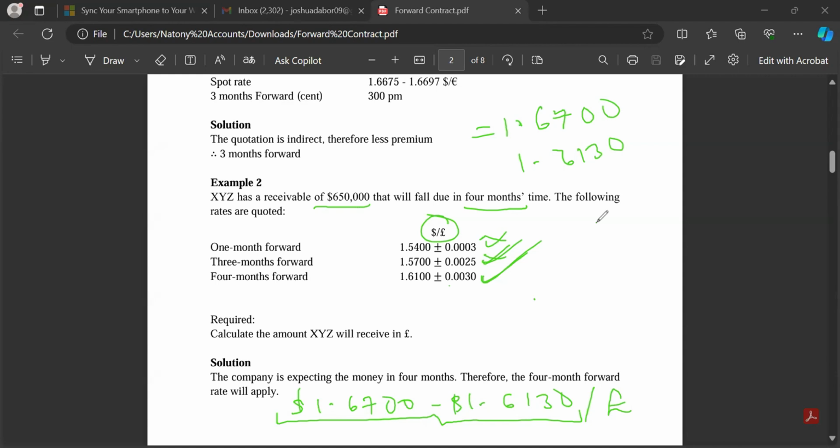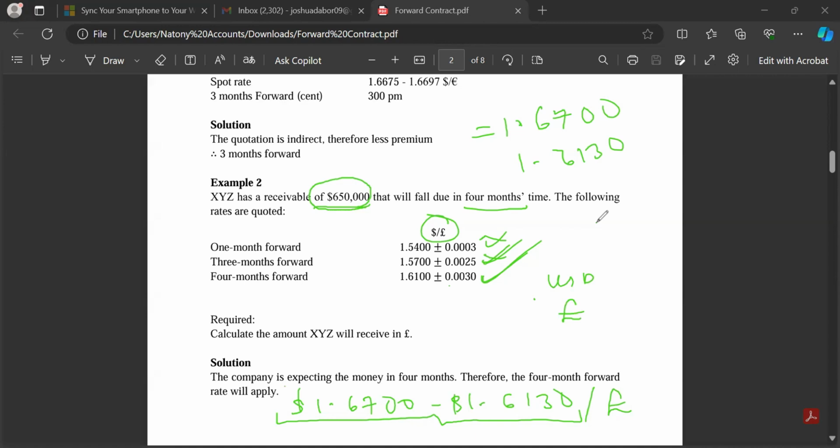Now, in this question, you are not told that the company is a German company or an American company. What you can see is that the foreign receivable is $650,000. That means the USD will be the foreign currency, while the pound sterling will be the local currency.